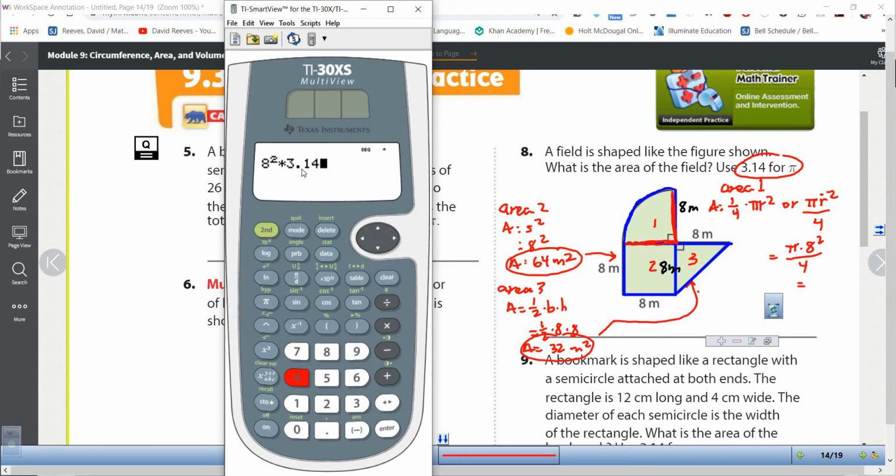So that's pi times, or what we're putting in for pi, times the radius squared. Right? And then we're going to take that. That would give us the whole circle, right? That's the area of the whole circle, but we only want 1/4 of it. So we are going to divide that by 4. And when all is said and done, we get 50.24.